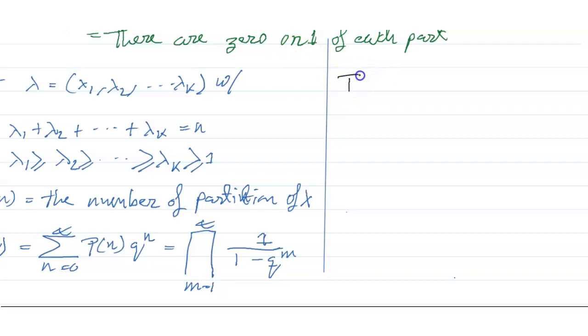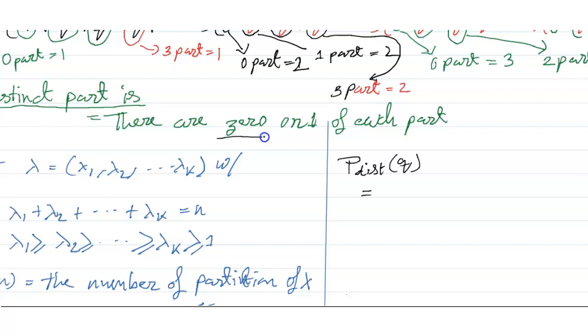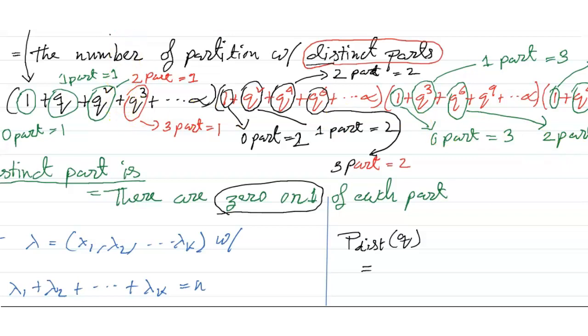So friends, P distinct q. Whatever we see, 0 or 1 of each part, I have to take these portions: 1 plus q, 1 plus q square and 1 plus q cube.